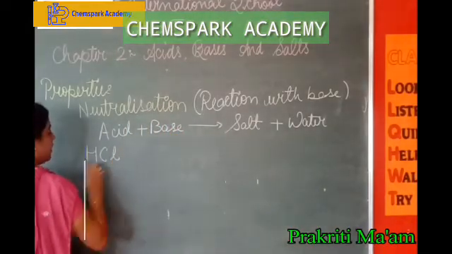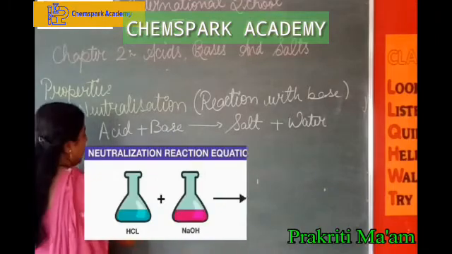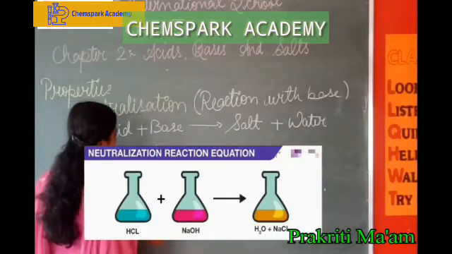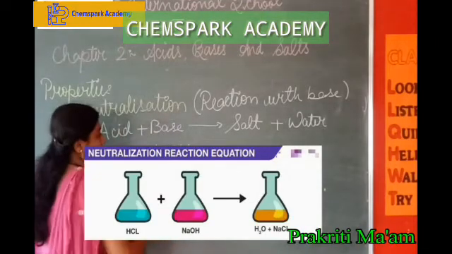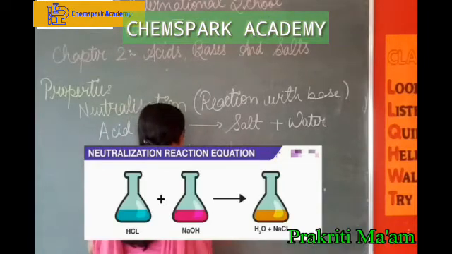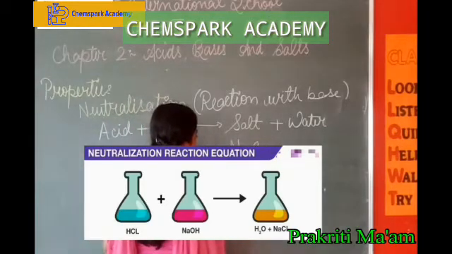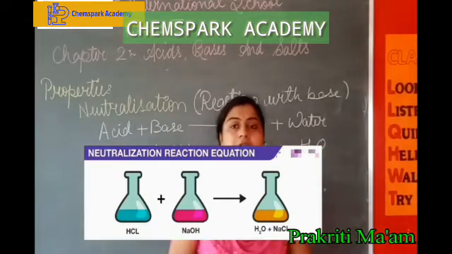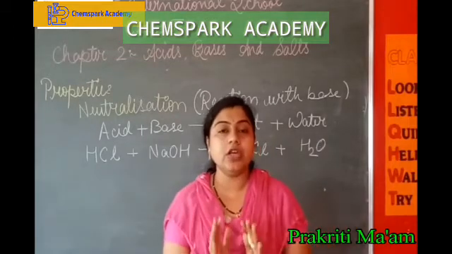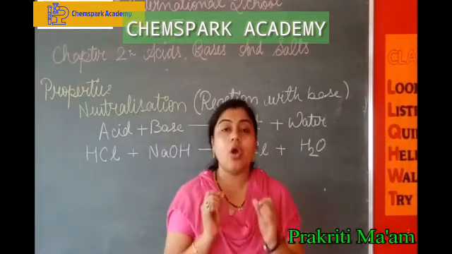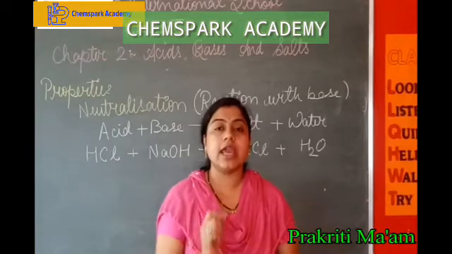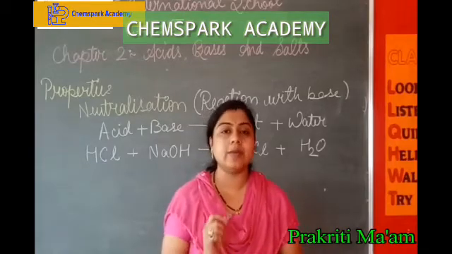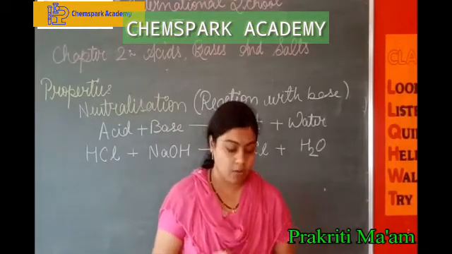Suppose we have HCl and for base we have sodium hydroxide. They will form salt and water. In the previous chapter I have told you that whenever you write a chemical equation, always mention the names of the reactants and the products just beneath the formulas.